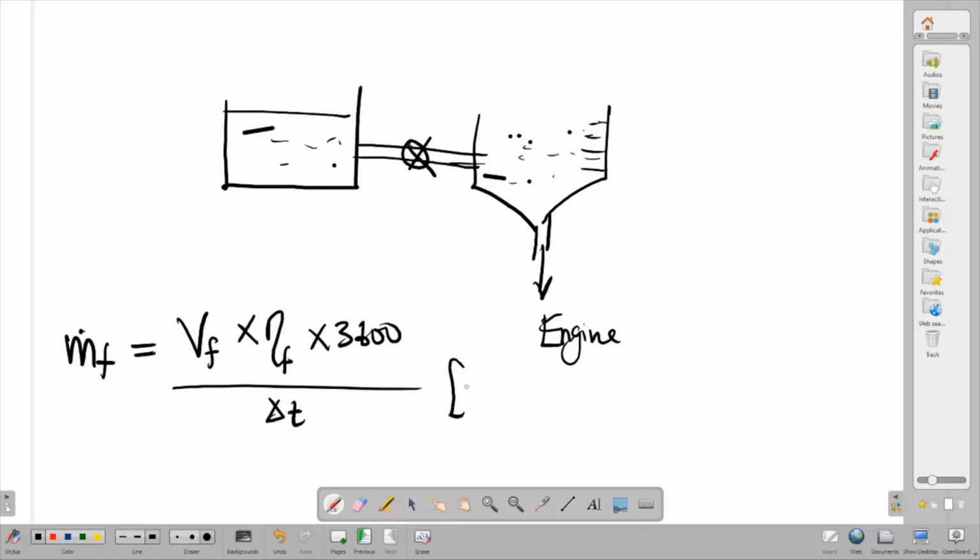This will give us the unit kilogram per hour, or liters per hour, when we make the assumption that a liter of fuel is equal to a kilogram of fuel.